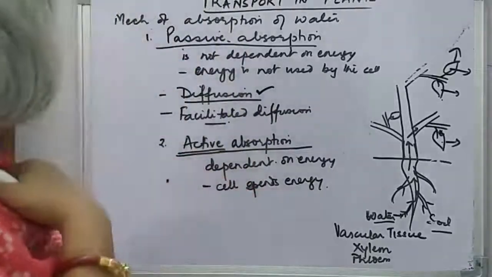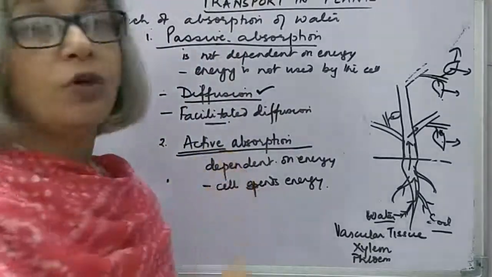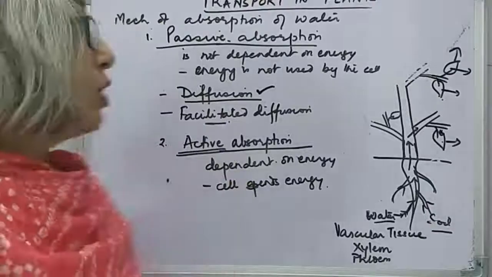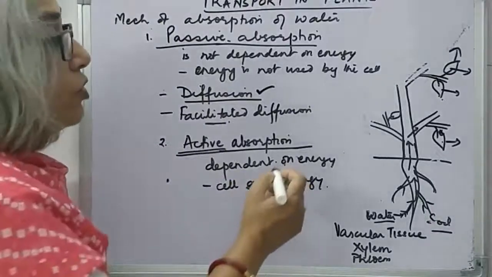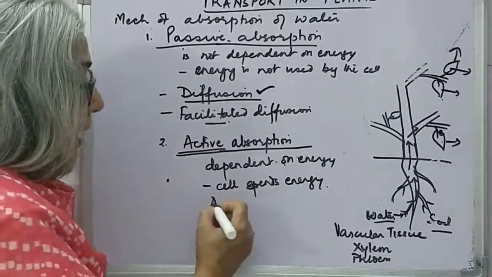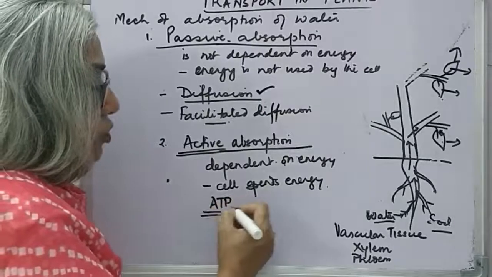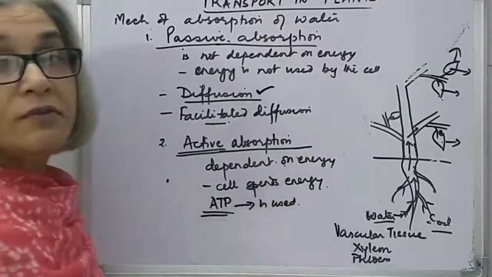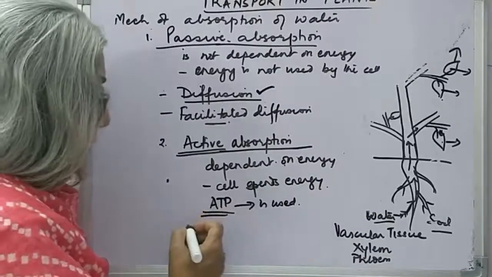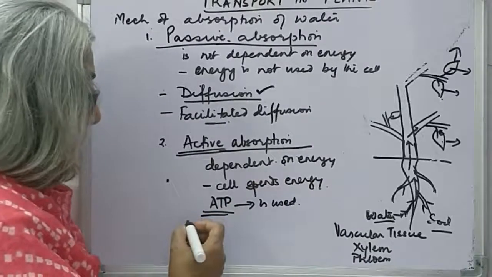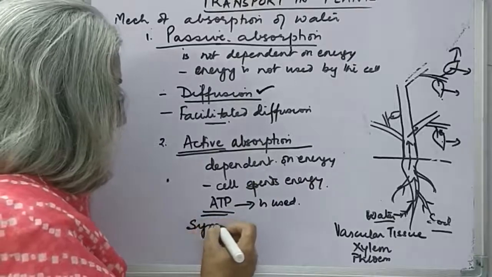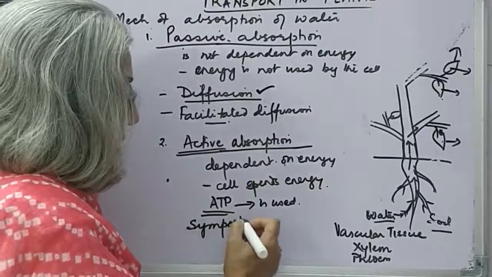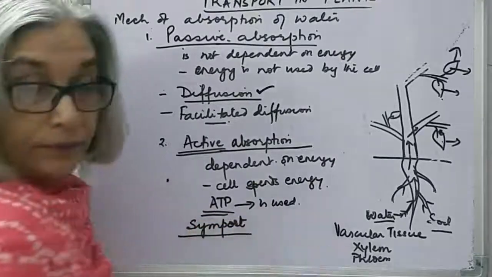Then when we come to active absorption, it is dependent on energy, that is ATP used by the cell. ATP is used for transport of substances, and this can be of three main kinds. One is called symport.